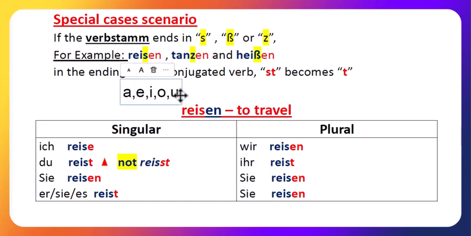You see, the S begins and it comes before any of these vowels. Now the S pronunciation will turn into Z. Sagen, sein.